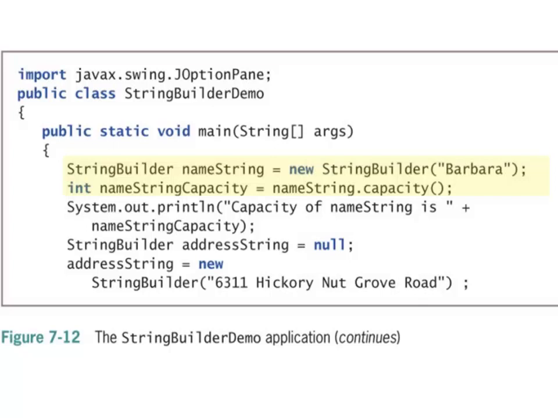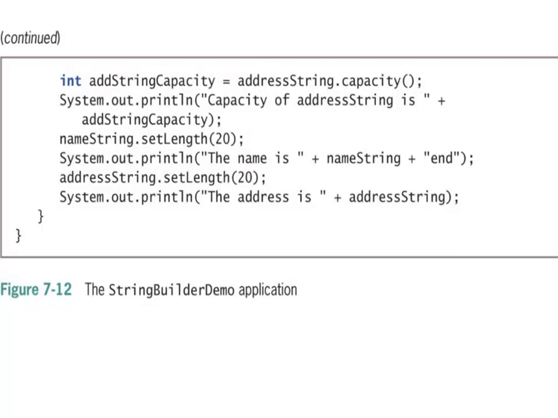It's not 7. You can still use the length method to return the number of characters the StringBuilder object contains. Unlike the String object, the StringBuilder object is changeable, so the length can be changed. And here we can use the setLength method.